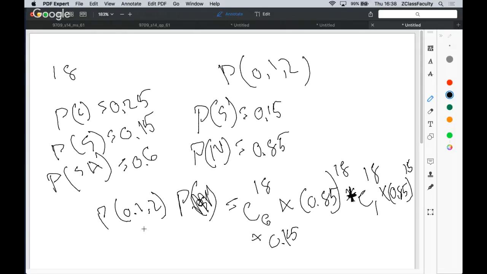So on the right-hand side, we are calculating the probability of not investing in a small company, plus the probability of investing in 1 month, plus the probability of investing in 2 months. But the left-hand side is the probability of at least investing in 3 months. At least 3 means equal or bigger than 3.